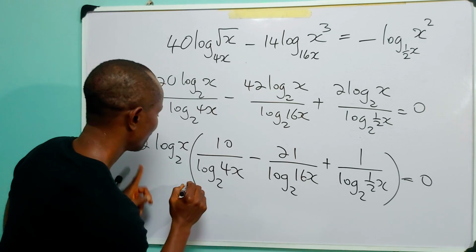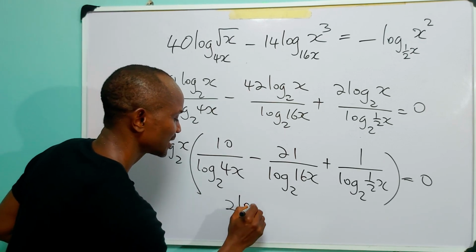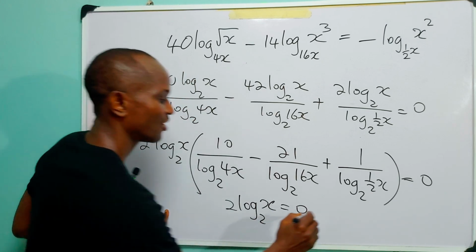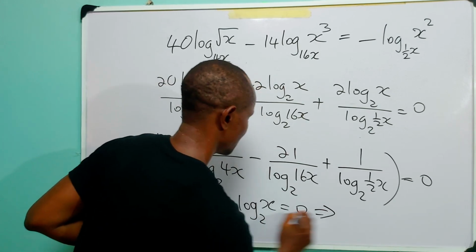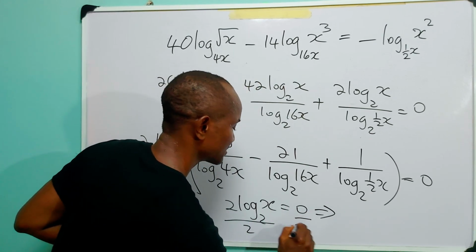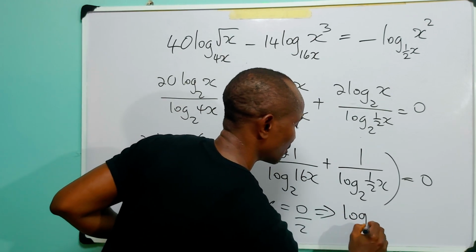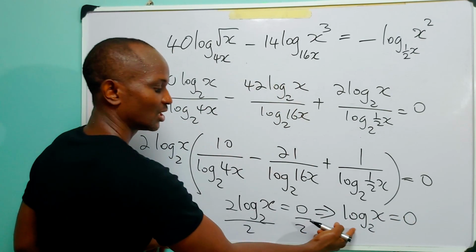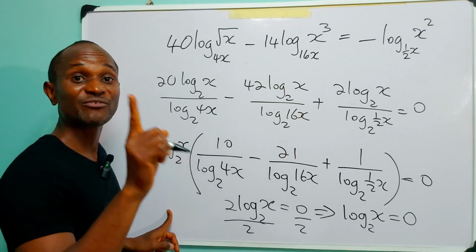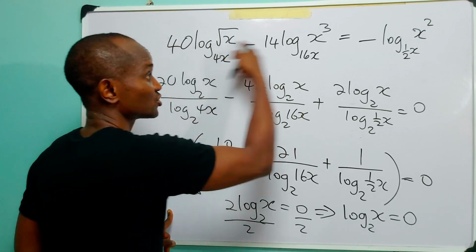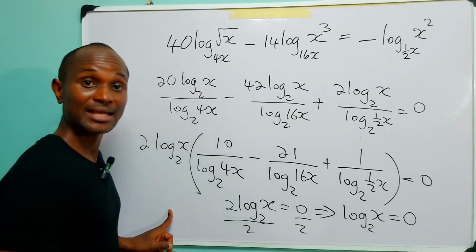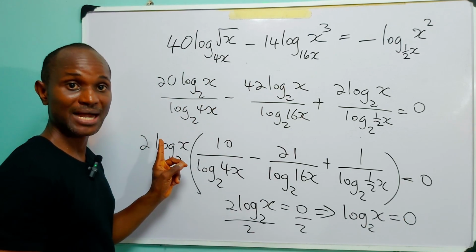So from this statement, 2 times log to base 2 of x is equal to 0, from where, dividing both sides by 2, log to base 2 of x is equal to 0. So at this point, we have already found one of the roots of this equation, which is that log to base 2 of x is equal to 0. So keep this in mind.